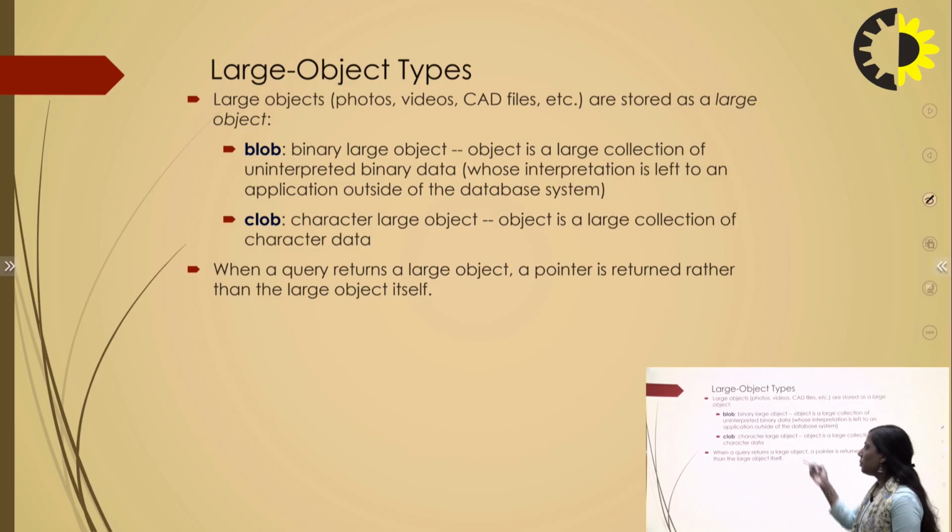The blob is used for a large collection of uninterpreted binary data, which is left to an application outside the database system. In the clob, we use a large character object which includes character data. So this is how we can use photos, videos or long object files in SQL.